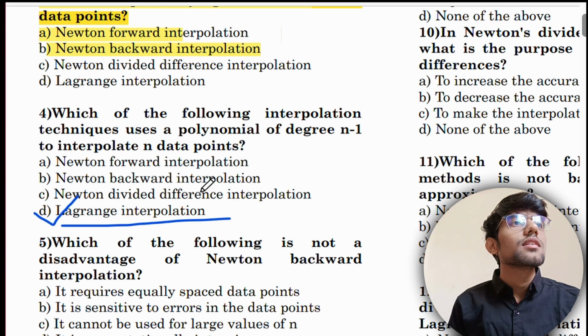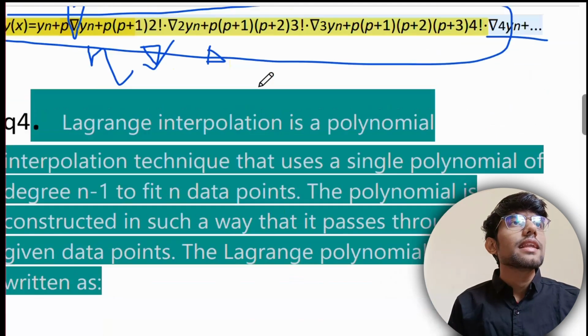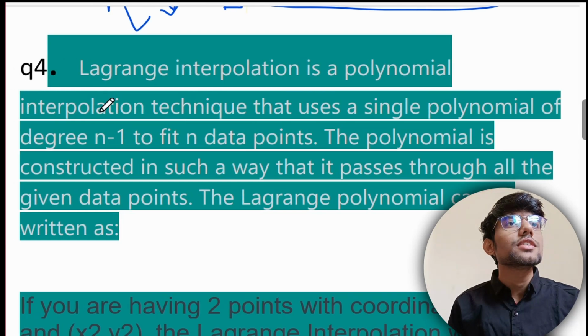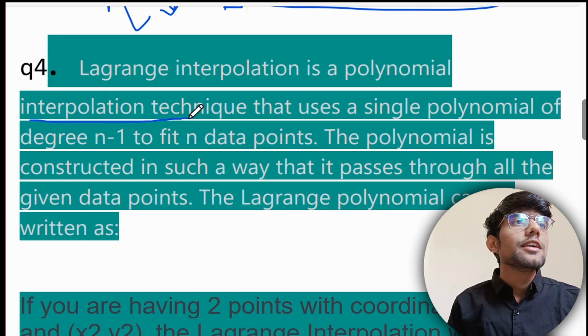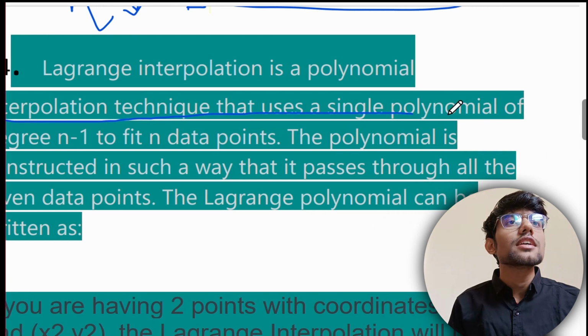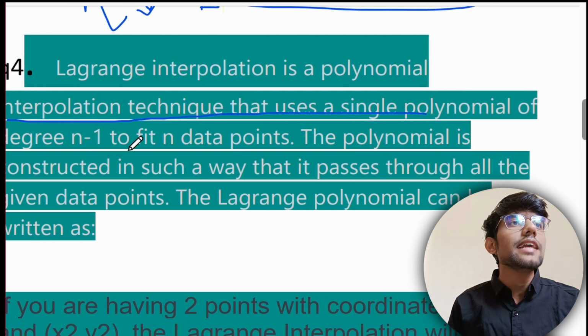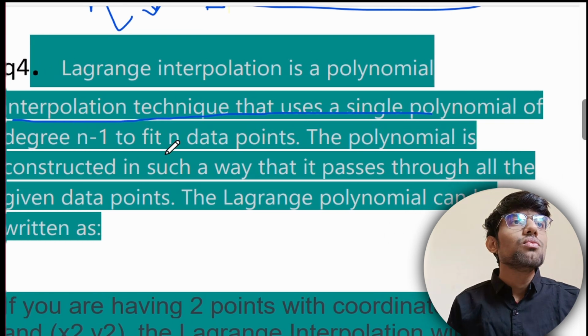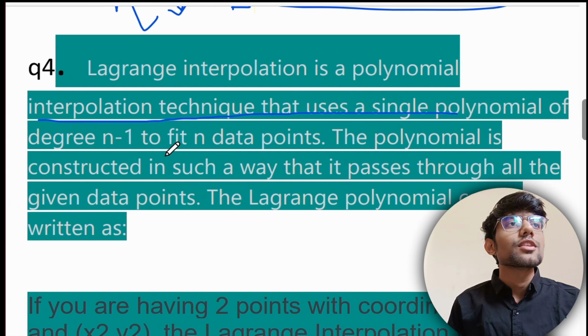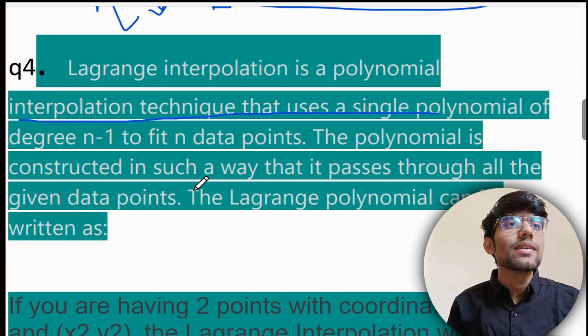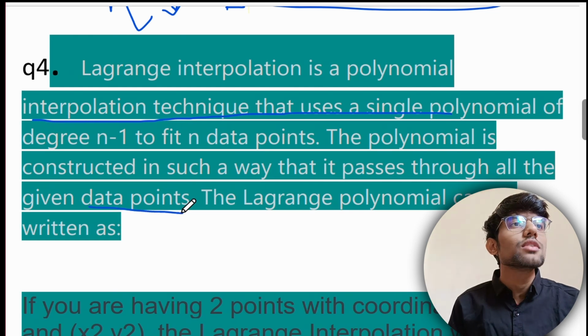Now what is it? Lagrange interpolation is a polynomial interpolation technique that uses a single polynomial of degree n-1 to fit n data points. The polynomial is constructed in such a way that it passes through all the given data points.